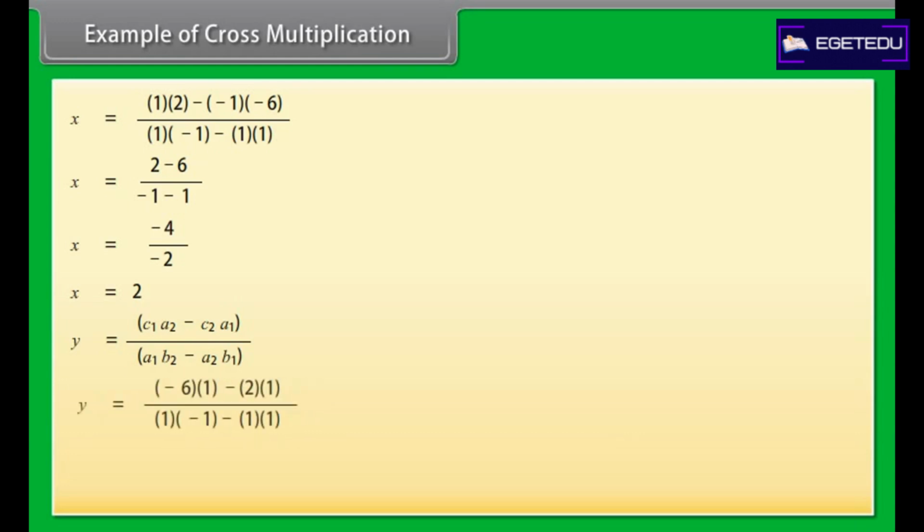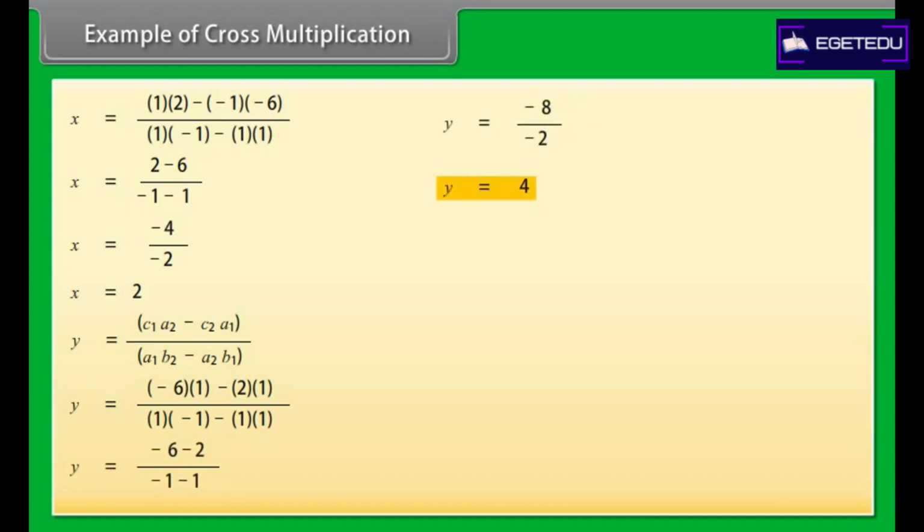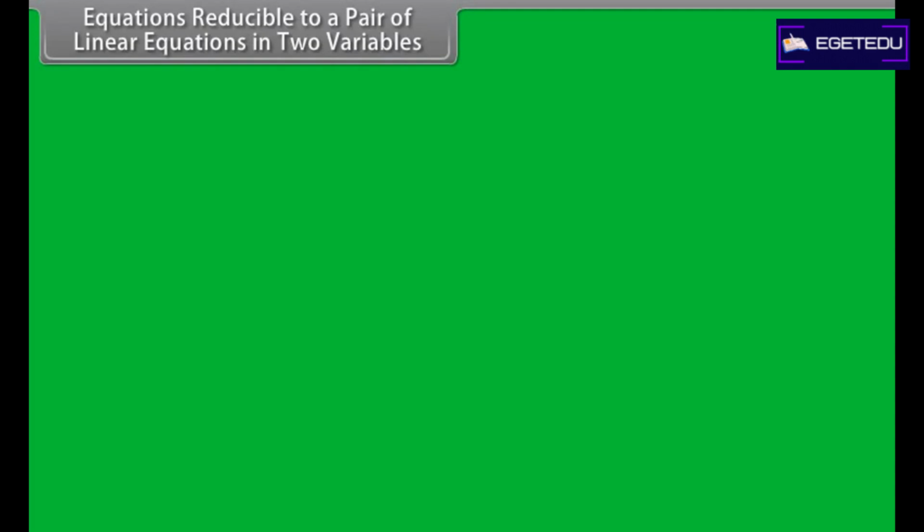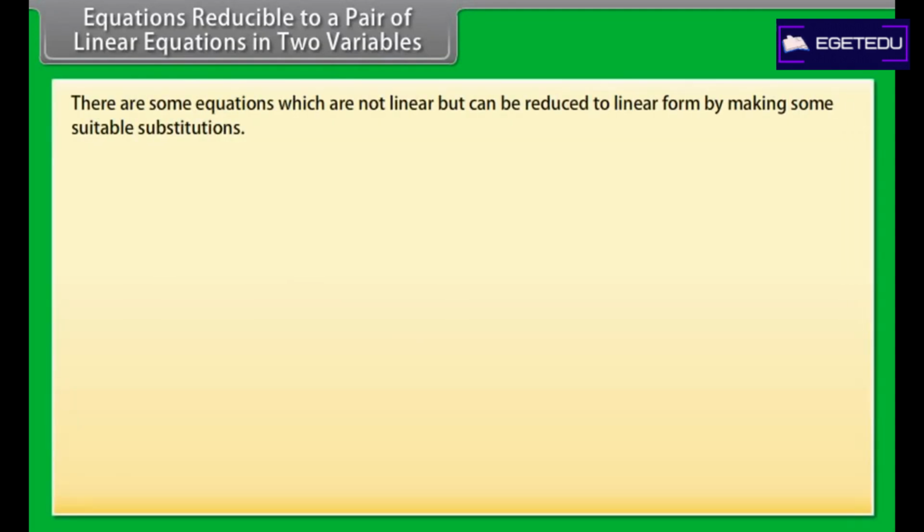The solution x, y is given by x is equal to b1 c2 minus b2 c1 upon a1 b2 minus a2 b1. Now by substituting the values we get x is equal to 1 into 2 minus minus 1 into minus 6 upon 1 into minus 1 minus 1 into 1.